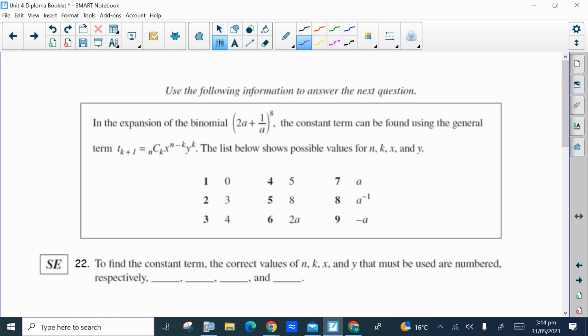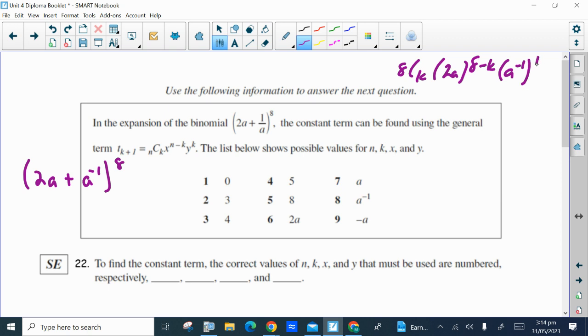we know that n is 8. The other thing we would probably do is rewrite the expression so that that second term is a to the negative 1. We know that n is 8, so 8Ck, 2a to the n minus k, 8 minus k, and a to the negative 1 to the power k.